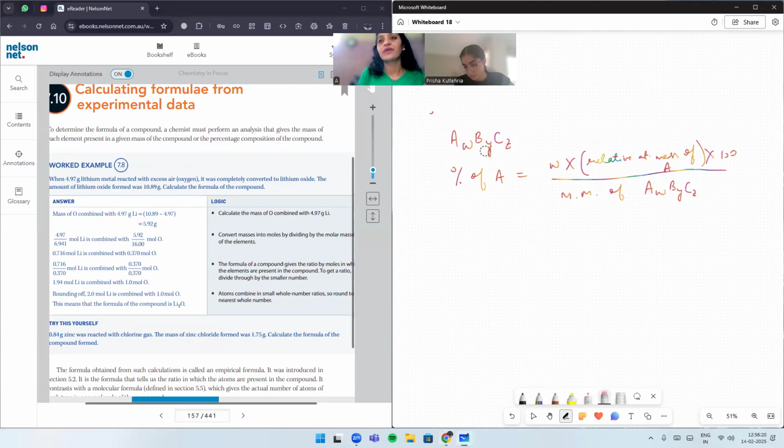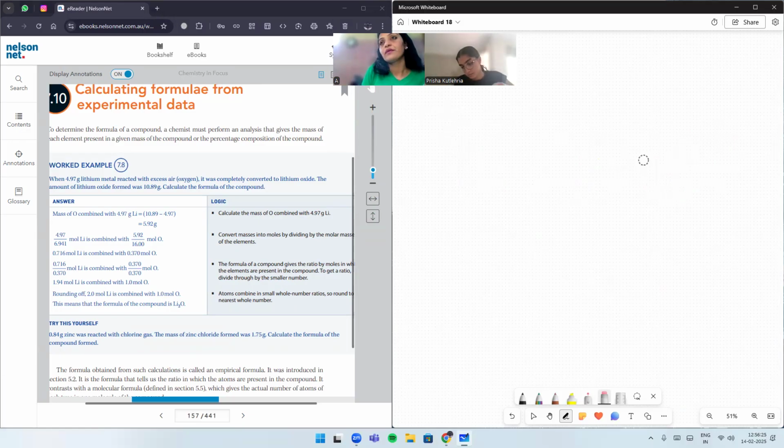So I'm going to erase this because at this moment we don't need it. Now, what are we given? We are given that 4.97 gram of lithium metal reacted with an excess of oxygen and was converted into lithium oxide.